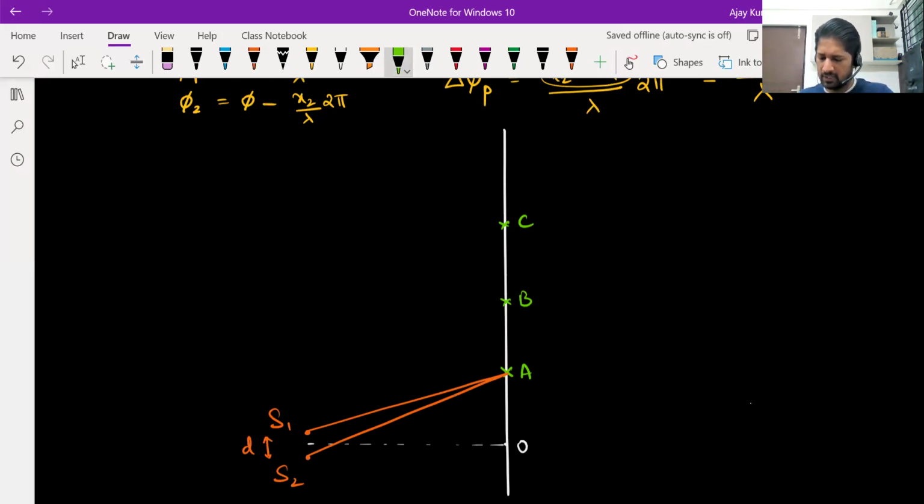Next, from S1, you take one wave arriving at B. I'll just change the color for you to be able to visualize. And from S2, you consider one wave arriving at B. The difference between these two distances will be different from the difference with which they arrive at A. So at A, you will have one path difference. At B, you will have another path difference. Now you take two waves arriving at C from S1 and S2, you'll have another path difference with which they arrive there.